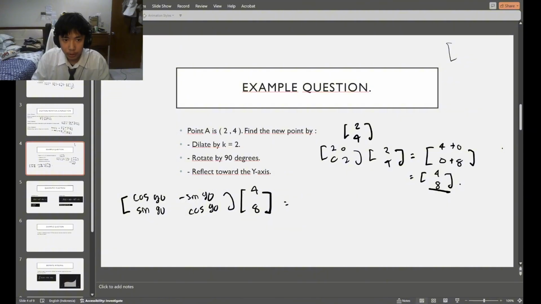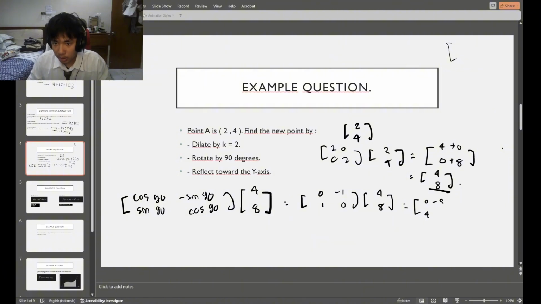So this form usually goes to 0, minus 1, 1, 0, multiplied by 4, 8, which is equal to 4 times 0 is 0, 4 times 1 is 4, 8 times minus 1 is minus 8, and 0. So we would get minus 8 and 4. Next, we will reflect it towards the y-axis.